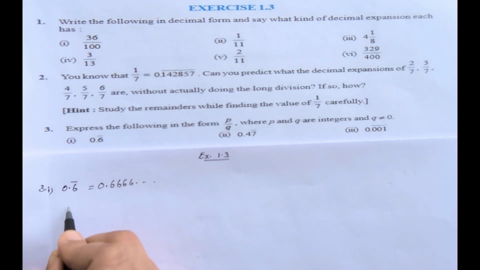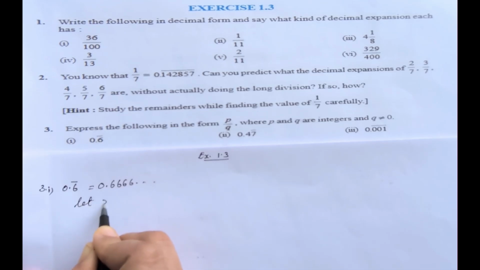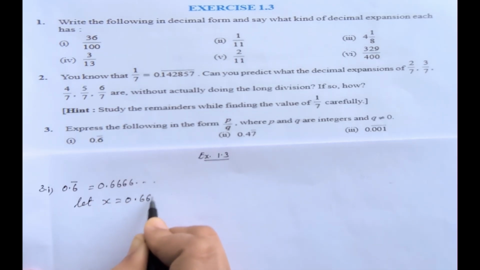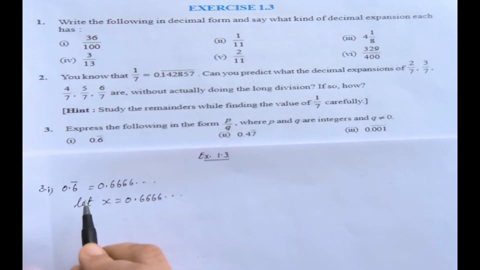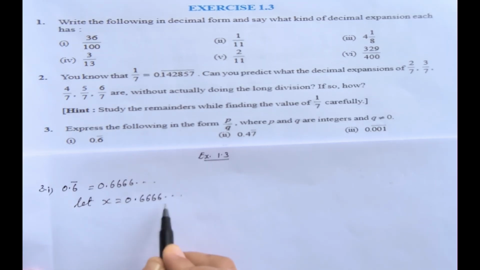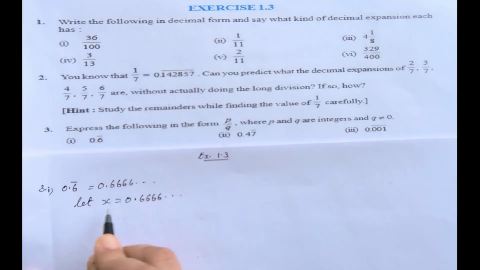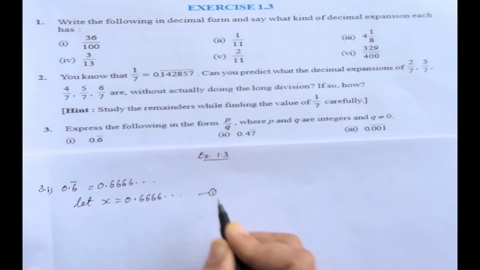So the first step is to assume x is equal to the given number. That means x = 0.66..., and we can also write 0.6 bar here. This is equation number 1.